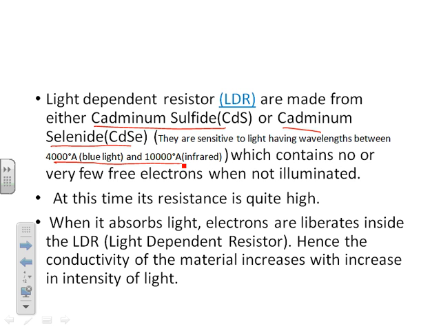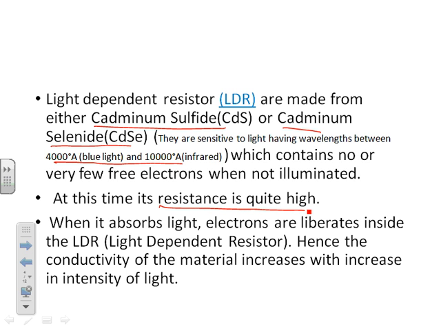Cadmium sulfide is a semiconductor material, and its property is that there are no free electrons, so it acts as an insulator or a highly resistive material when not illuminated. At this time, as there are no free electrons, the resistance is very high.